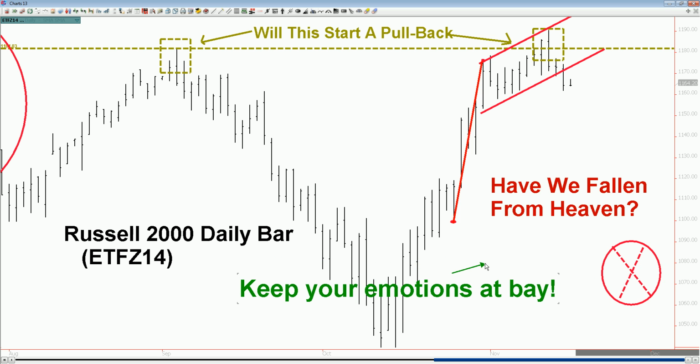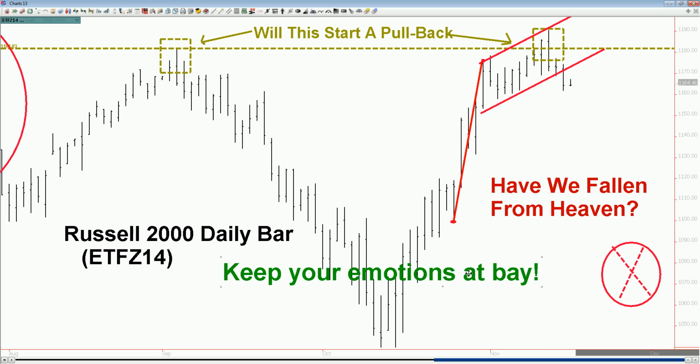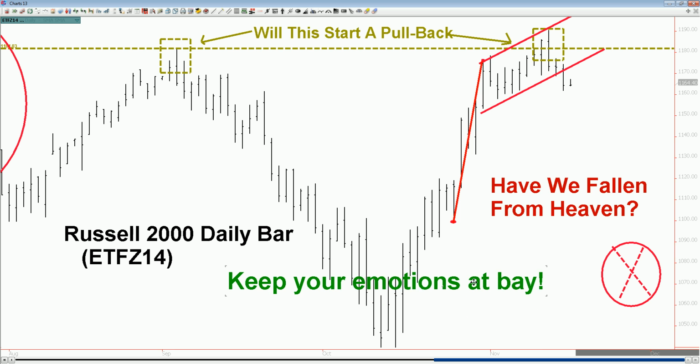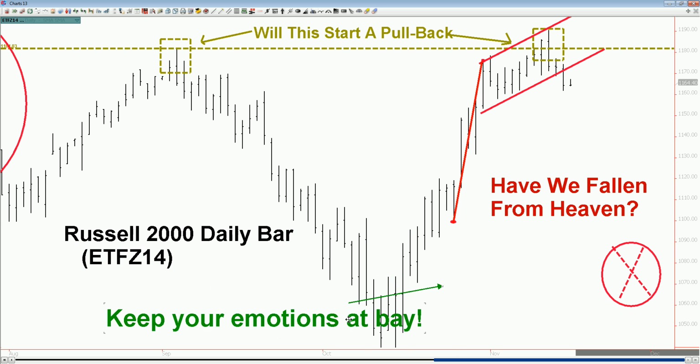You want to keep your emotions at bay, put your stop in first, and then say this to yourselves every morning, every afternoon, every evening, and especially when you are in a trade. Stops are in. Emotions are out.